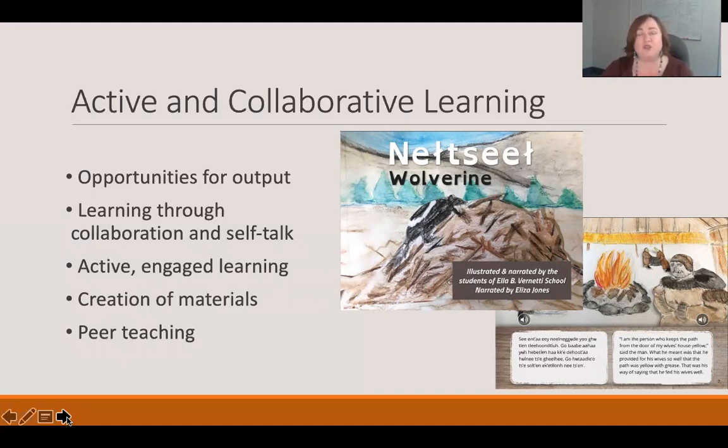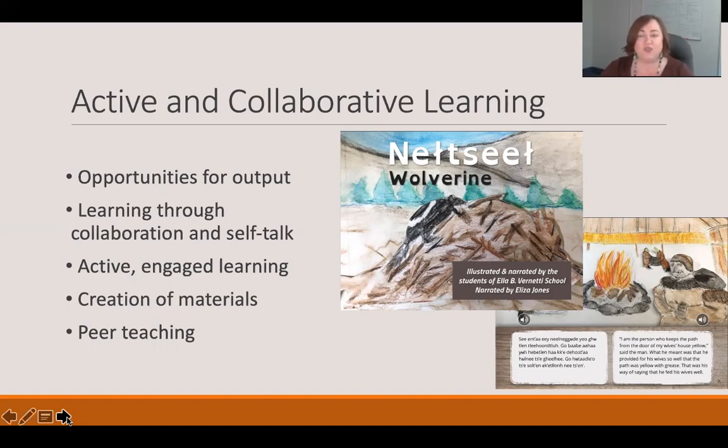We also want to make sure that they're actively engaged with whatever we're doing in the class, so that it's not passive, where someone is just talking at you and at you and at you over and over again. That instead you have an opportunity to get up and move around the class, that you are acting out what's being said, that you are pointing at pictures, that you are dancing and singing and generally having fun.